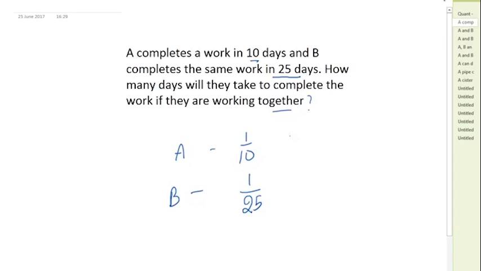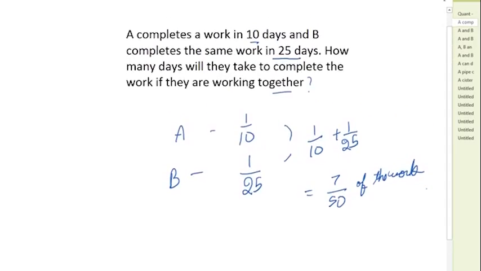So if they work together, they will do 1 by 10 plus 1 by 25, or 7 by 50 of the work. In 1 day they will do 7 by 50 of the work. So the total time that they will take to complete the work will be 50 by 7, or 7 days. So that's the traditional way.